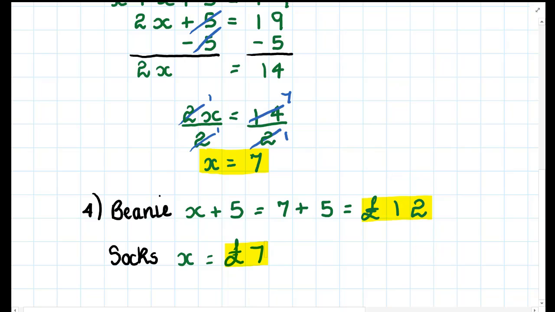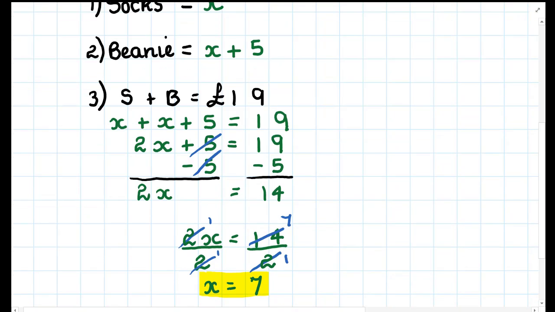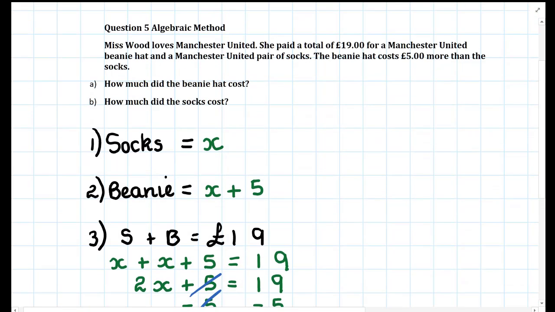And we check our answer. 12 add 7 is 19, which is the cost. Here, she paid a total of 19. So we have solved the word problem algebraically.